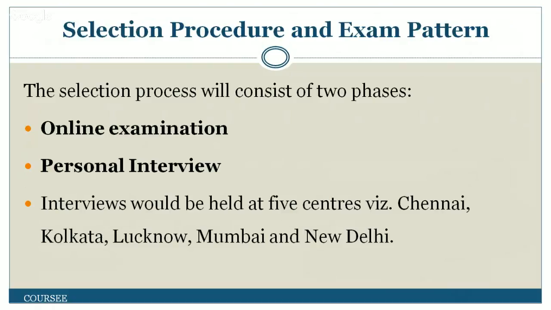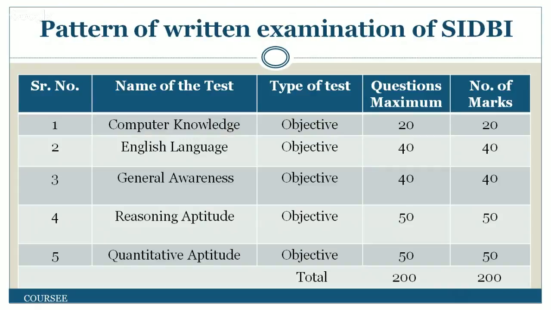The pattern of the written exam of SIDBI Assistant Manager will be as follows. Computer knowledge: all tests are objective type, and computer knowledge consists of a maximum of 20 questions and 20 marks. English language 40 out of 40 marks.